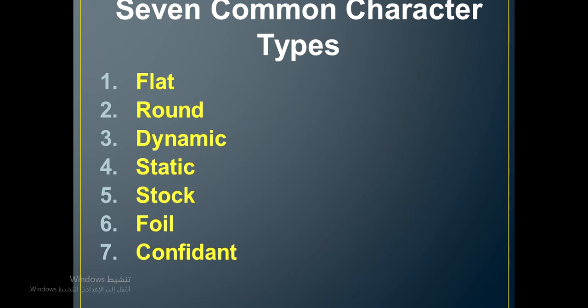The dynamic character is usually a round character, and again it's usually about the protagonist, which is the main character. Okay, it's usually the protagonist, but there could be other dynamic characters beside the protagonist him or herself.